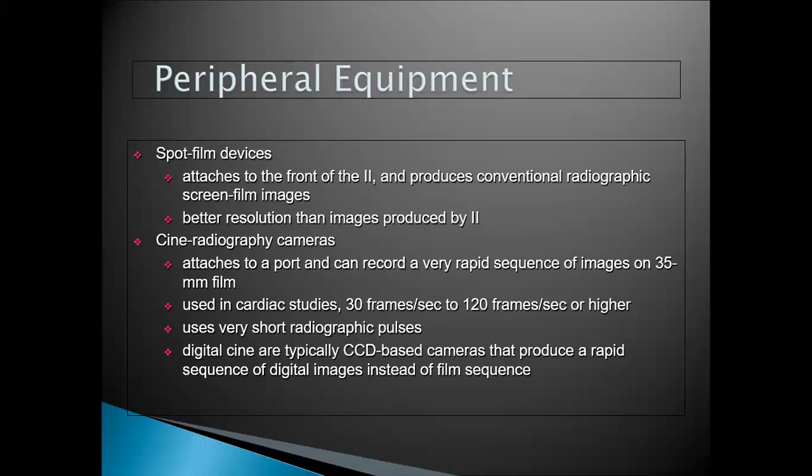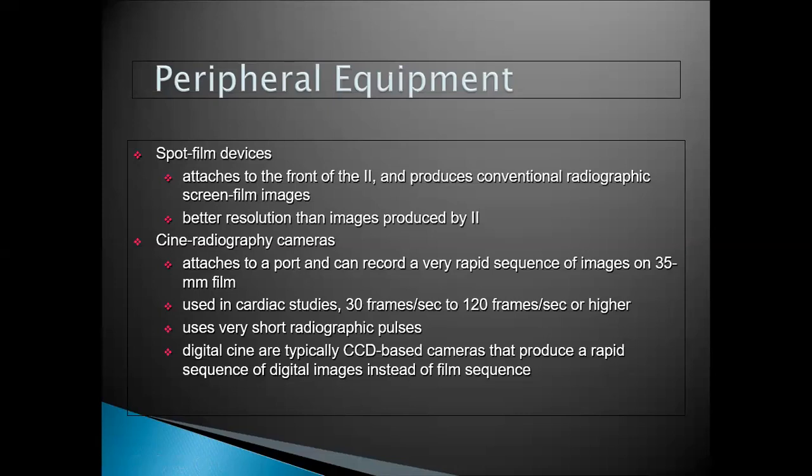So it wouldn't have interacted with the image intensifier before getting the image, but is in front of the image intensifier. So this one is just a conventional radiographic screen film. You just put the screen film there and then get the image straight up. So this one gives us a very good resolution, both in terms of spatial resolution and even contrast resolution.